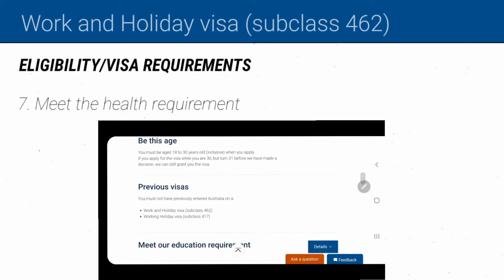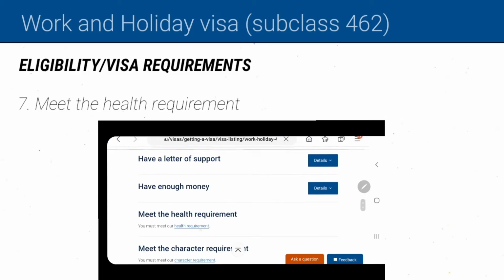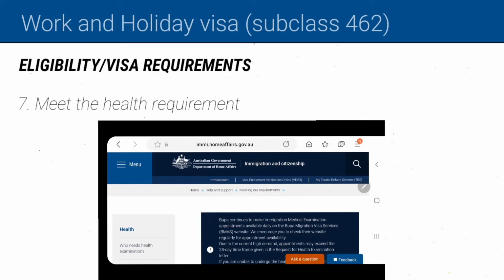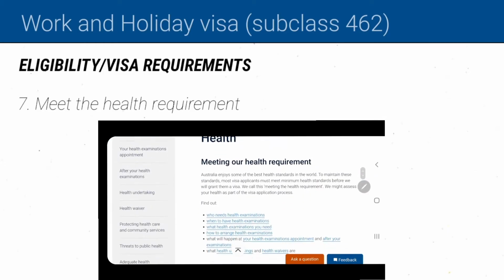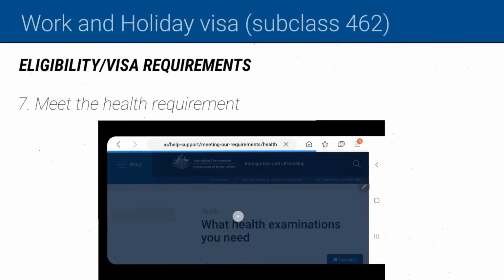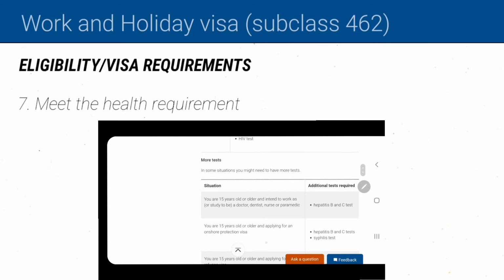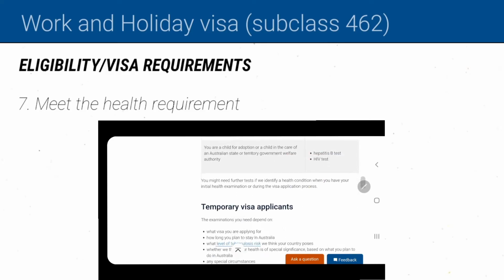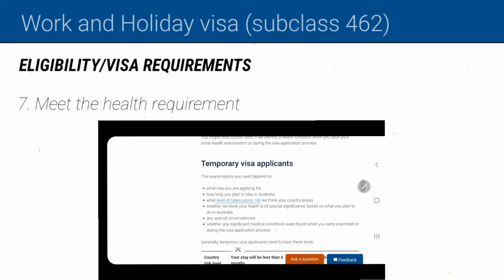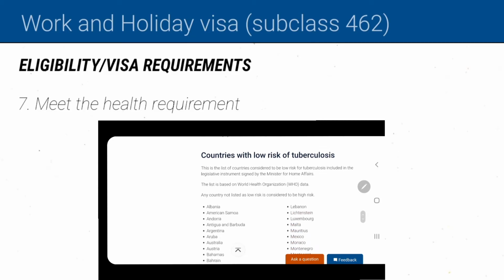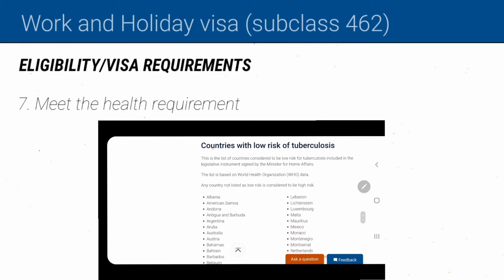Then look for Meet the Health Requirement. Click on Health Requirement. You scroll up and click what health examinations you need. Then we are here. We can see the higher risk countries if you click this, and we can see the health examinations needed for the temporary and permanent visa health requirement. And below we can see the list of low-risk countries.